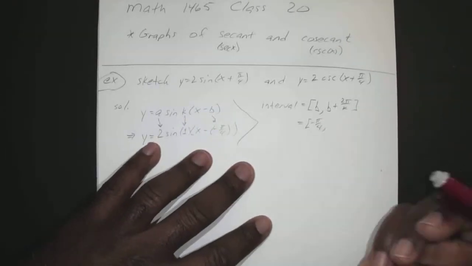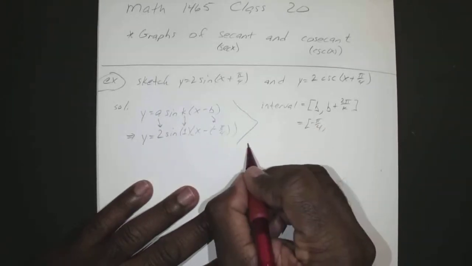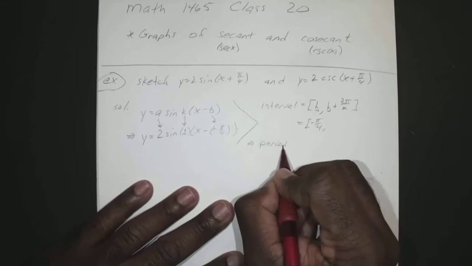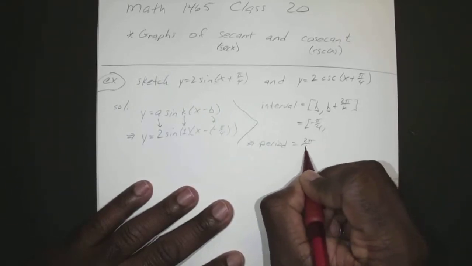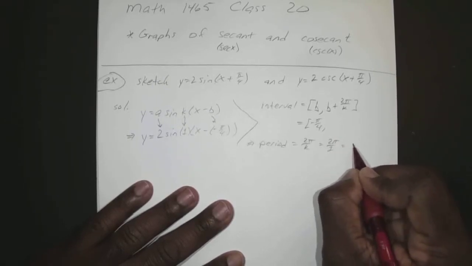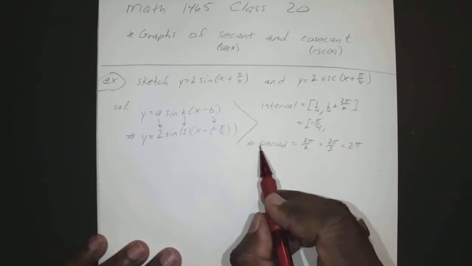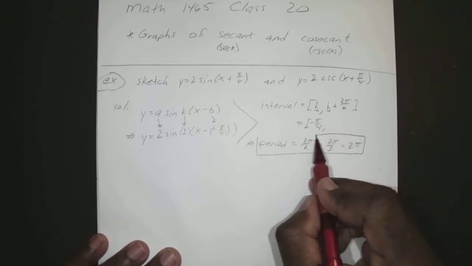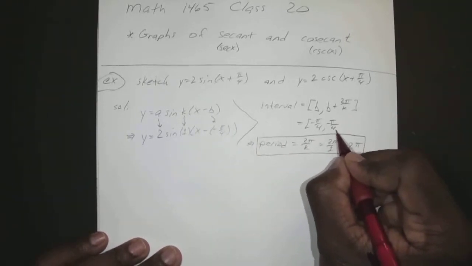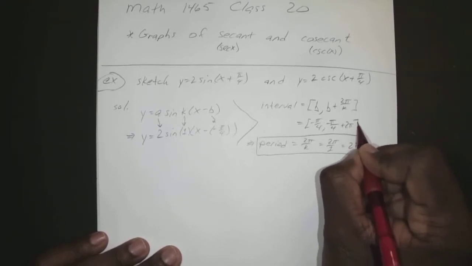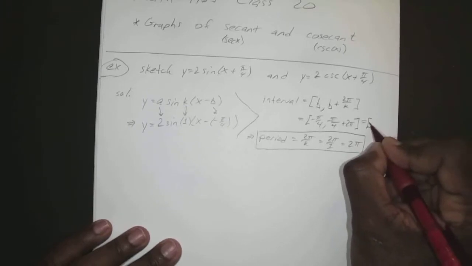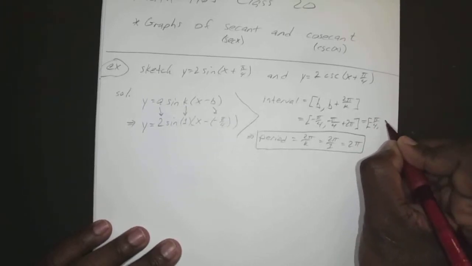Let me do that down here. Okay, so we know our period is 2 pi over k, which is just 2 pi over 1, which is 2 pi. That should have been done first. So this is negative pi over 4 plus 2 pi. That gives us an interval of negative pi over 4 to 7 pi over 4.